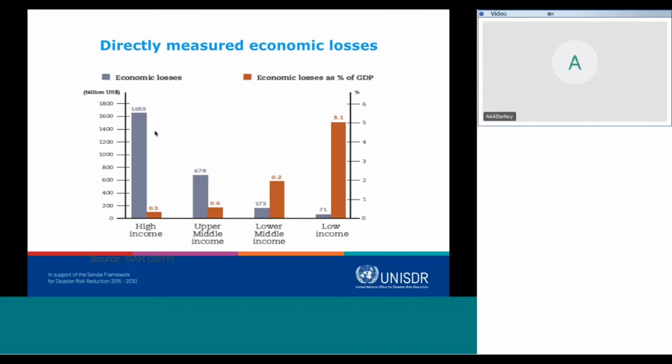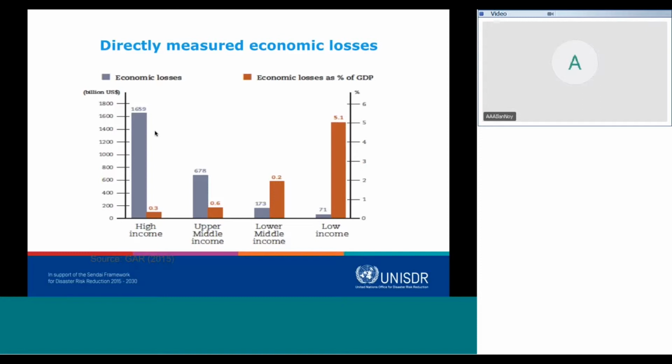But of course, we know that the most dramatic impact is in low-income countries. And that is because the loss as a share of wealth is much higher in low-income countries, and you can see that by the other color. So while by far most of the losses are in high-income countries, in low-income countries, as a share of wealth, the economic losses are maybe 20 times as high.